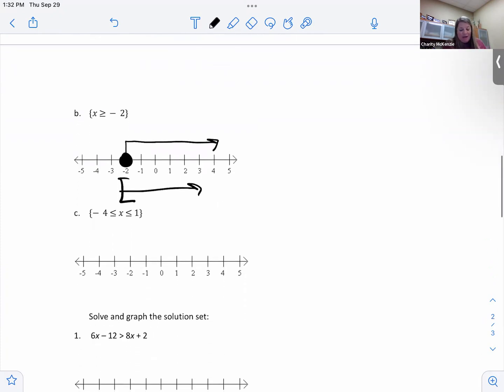So C, I am greater than -4, right? But less than 1, if we read that from the center. Oh, and it's equal to on both ends. So we can do closed dot here, closed dot here, and you're larger than this one, but less than this one.